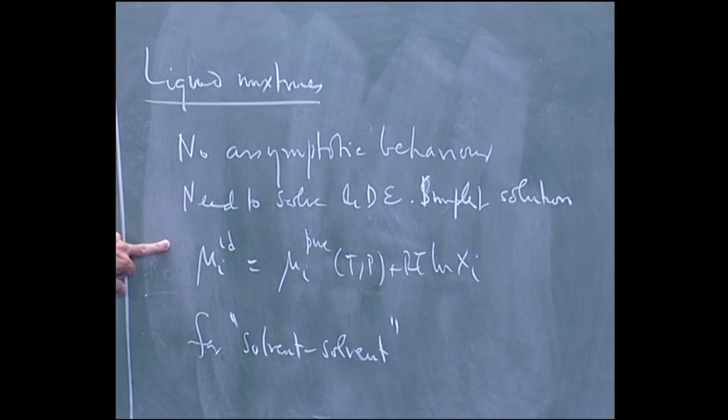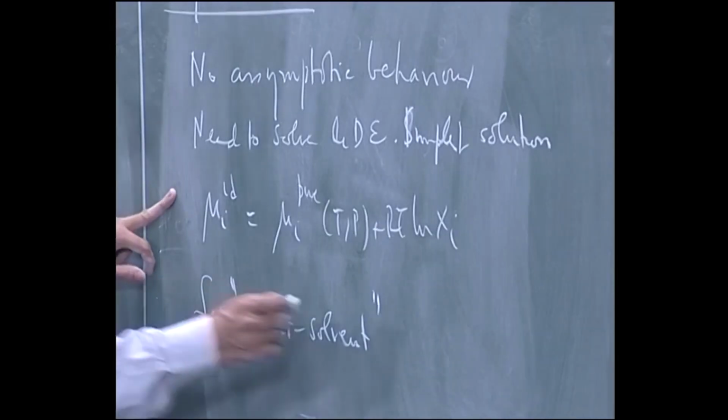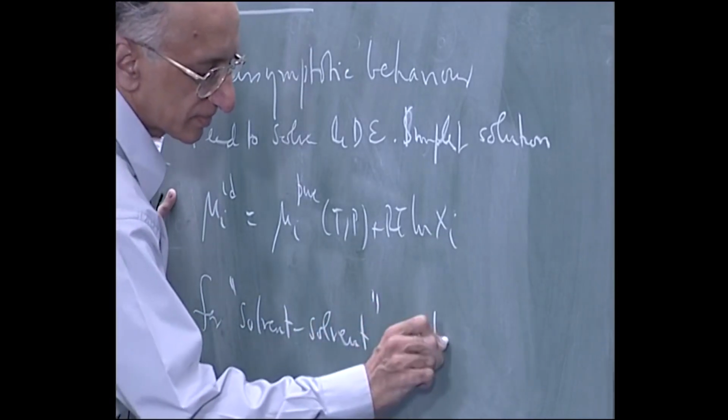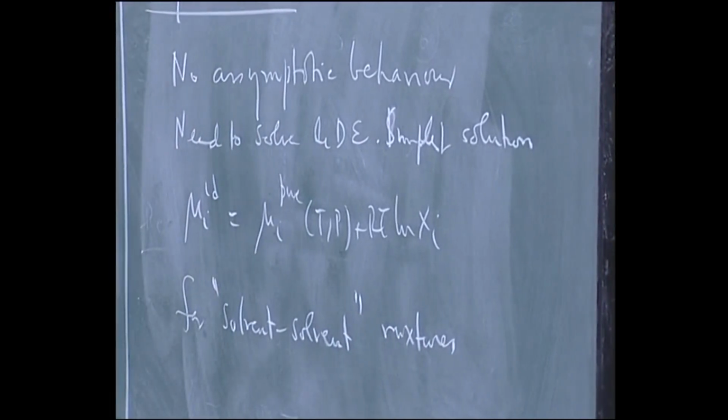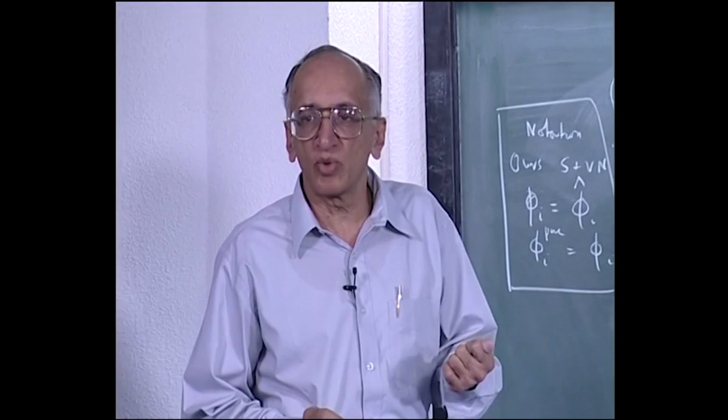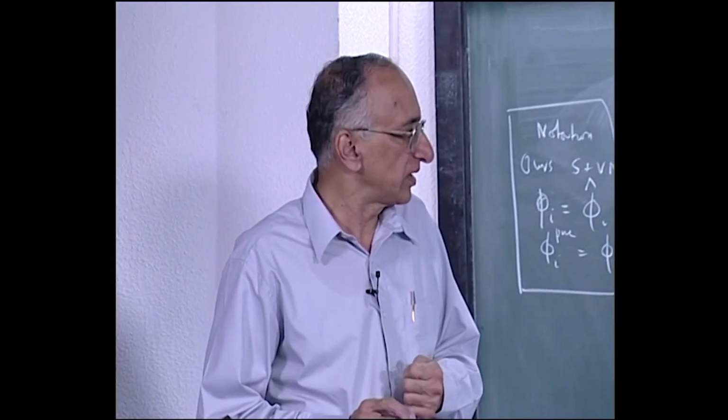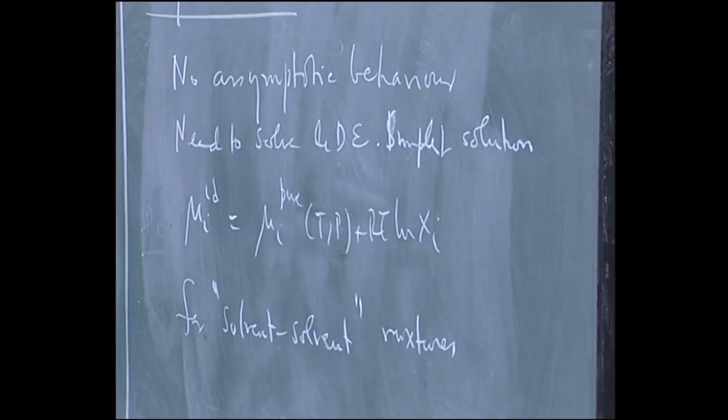This is valid only for solvent mixtures. In solvent mixtures, you can take the mole fraction of all the components individually to unity without change of phase. That is the definition of a solvent mixture. For every component I can go to mole fraction unity and still preserve the liquid state. So this is the simplest solution.